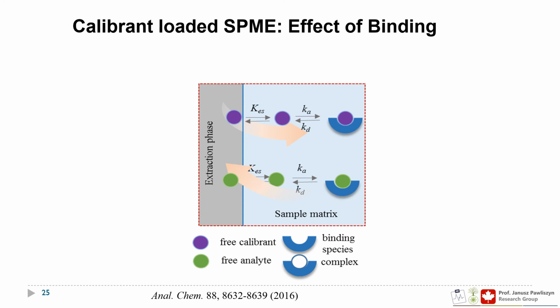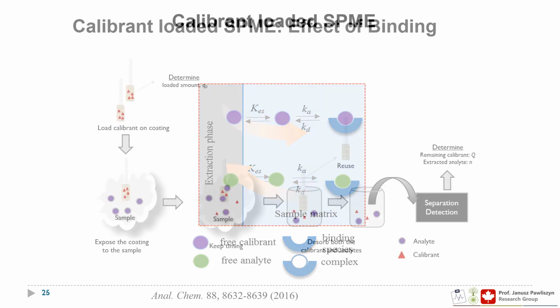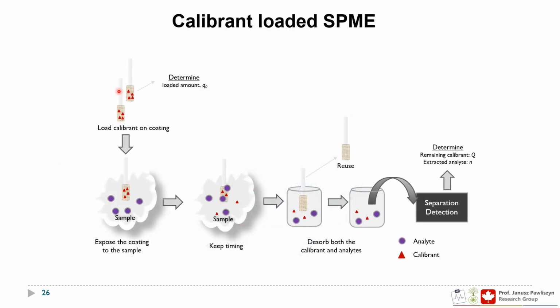So we can use it to develop a calibration procedure where we don't exactly know the convection conditions, for example, if you analyze the blood in a dog's vein, as I will show you in a moment. You put the fiber with the calibrant into the sample, some of the calibrant is released, some of the analytes are extracted.